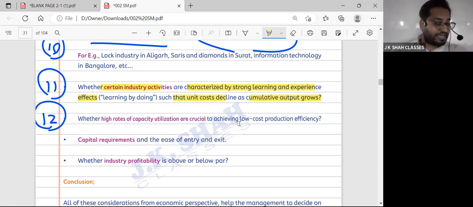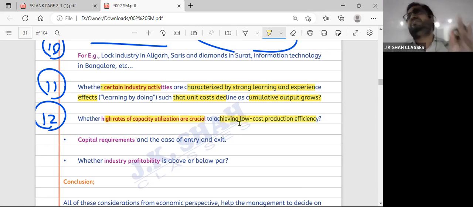Whether high rate of capacity utilization is crucial to achieving low cost production efficiency. In the beginning, you will have to strike a balance. You will not manufacture 100% of your capacity. You know why? Because there is no demand for your product.